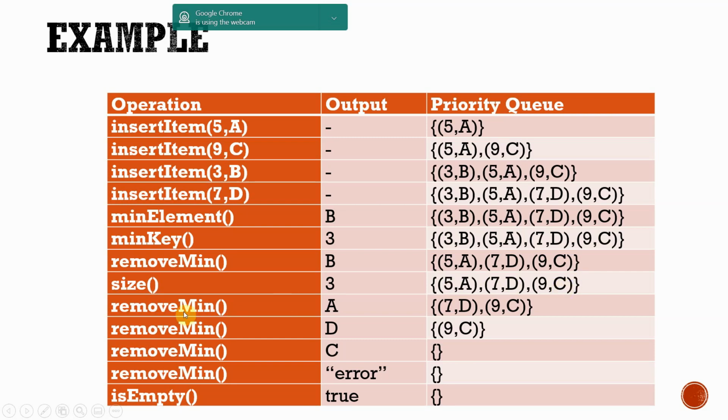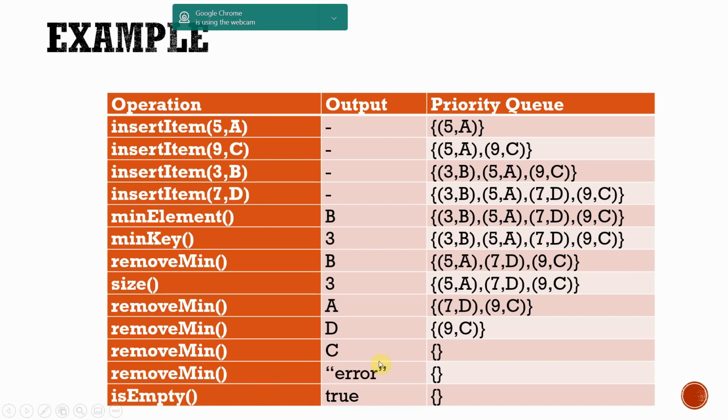And again, we have some remove min operations, right? So it's going to remove 5 and then remove A because it has the minimum key value, and then D, and then C, and the last one results in an error because our priority queue is empty, so we can't dequeue anything anymore, right?